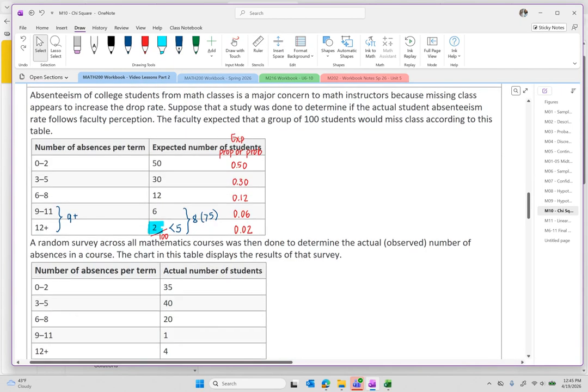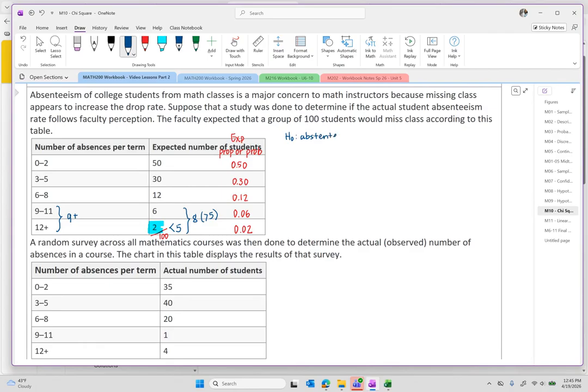So here my null hypothesis will be that absenteeism follows the faculty's theoretical distribution.